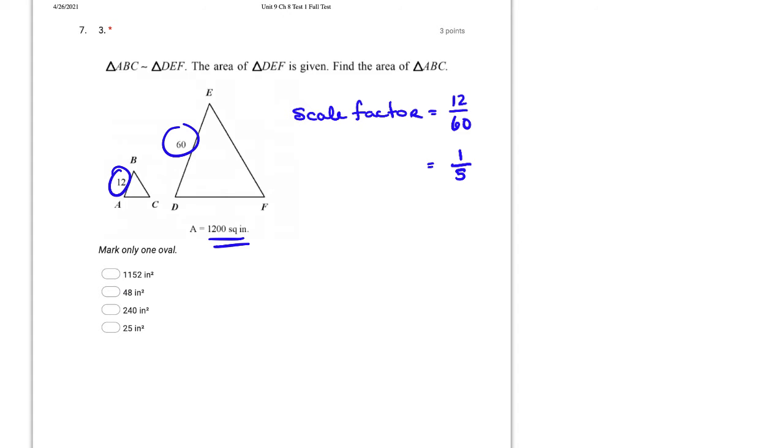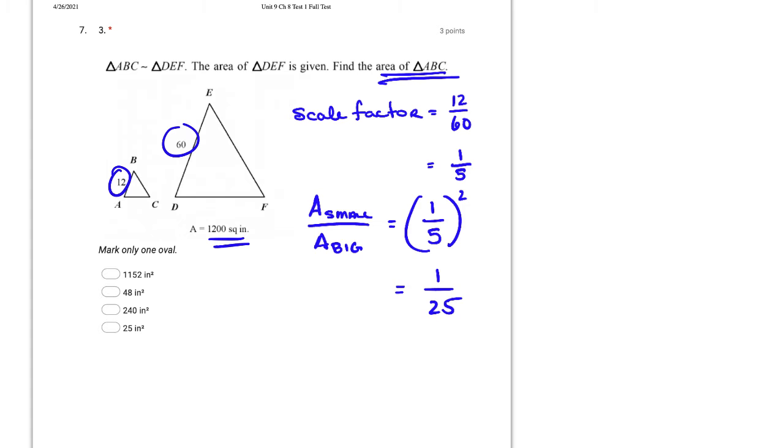Now that's also the factor I'd use if I was doing perimeter, but I'm doing area. So for area, the area of the small one over the area of the big triangle would be not 1 to 5. Area goes with the square of that ratio, so it'd be 1/25 as much.